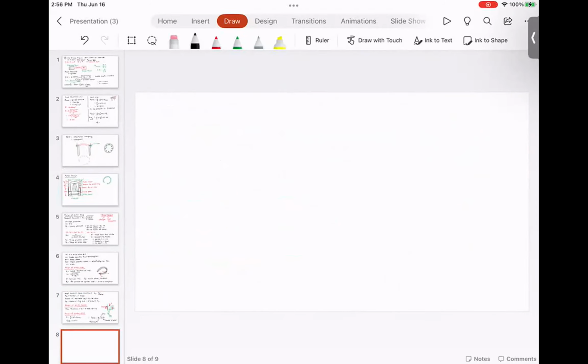The next part is design of piston pin. Piston pin would look something like this. This is the length of the piston.